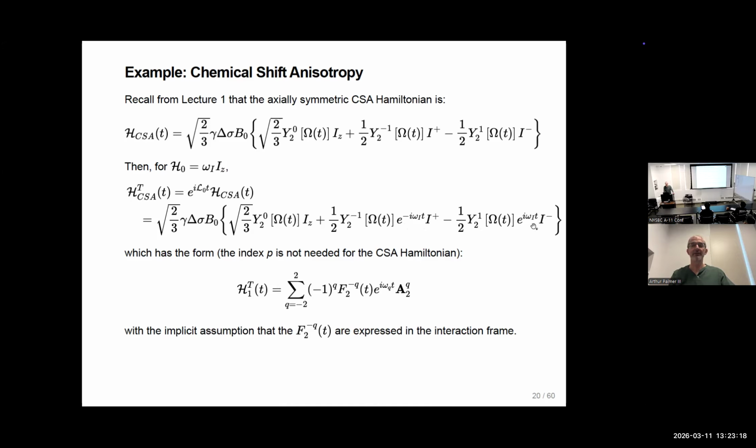I minus picks up a phase factor in the other rotation sense. So in the interaction frame Hamiltonian, we have something that looks very similar, except we have these phase factors that depend on this particular frequency. We don't have the problem of P in this case. We just have Q, omega of Q.